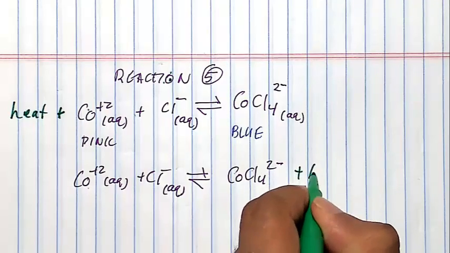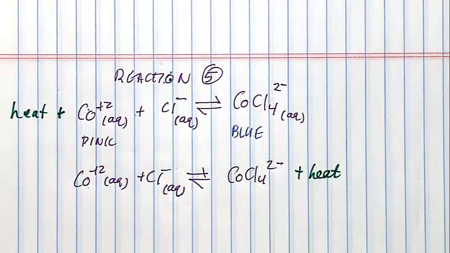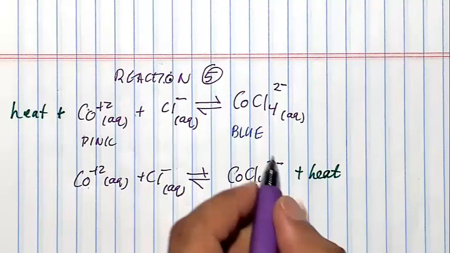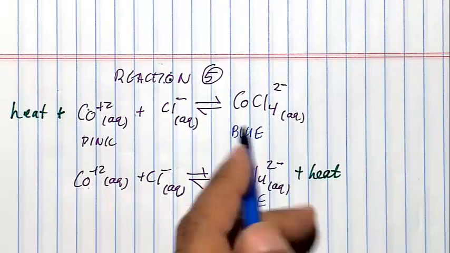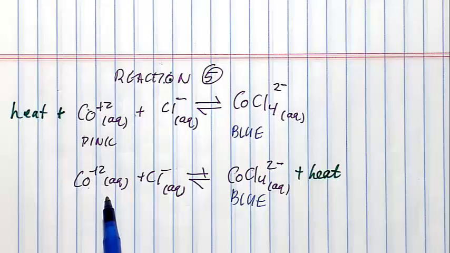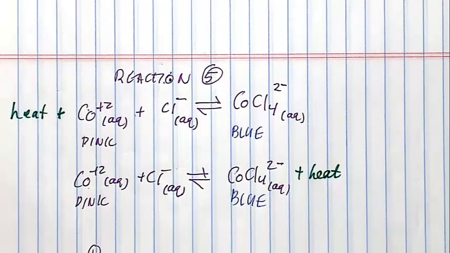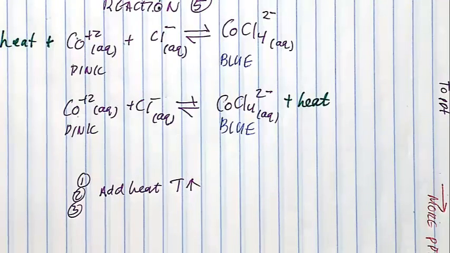In this case, heat would be a product. Is the formation of this complex ion endothermic, or is it exothermic? How do you determine that? One thing that you can do is simply add heat. You can raise the temperature.